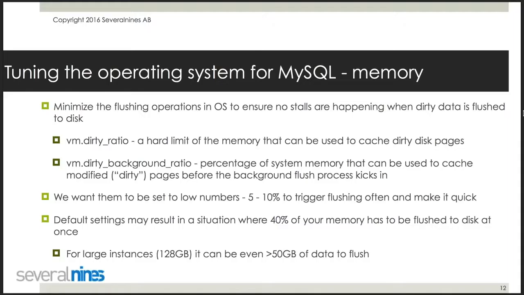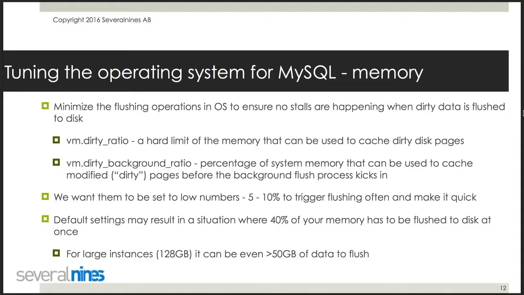Our goal is to minimize the flushing operations in the operating system, to ensure that there are no stalls happening for too long when the dirty data is flushed to disk. So vm.dirty_ratio is the hard limit of the memory that can be used to cache dirty pages. vm.dirty_background_ratio is the percentage of memory that can be used to cache modified dirty pages before the background process kicks in.